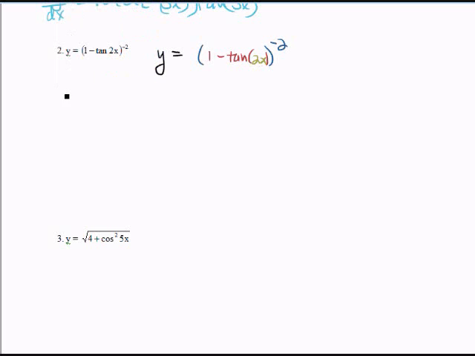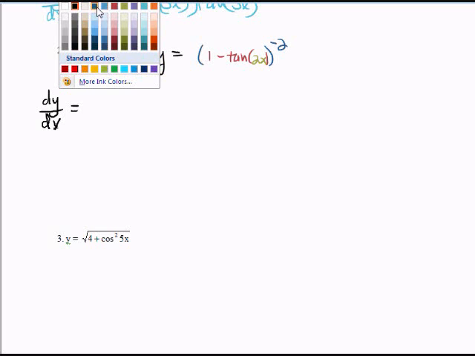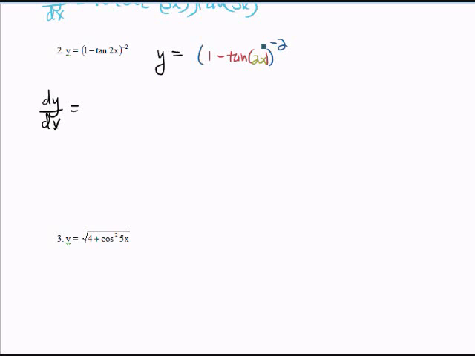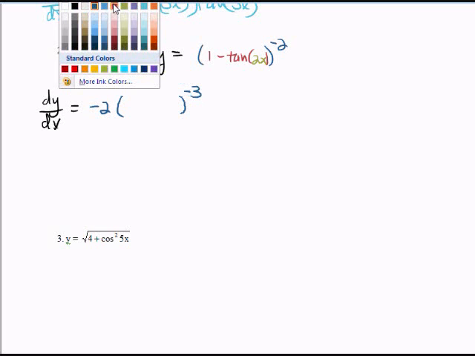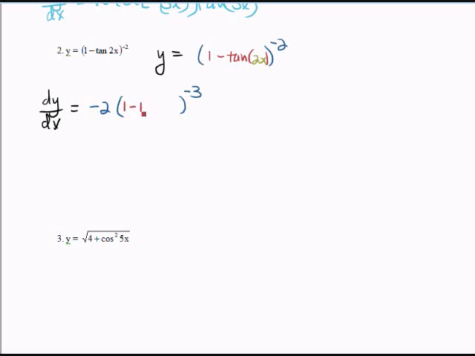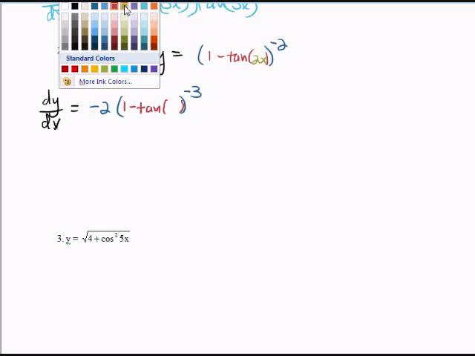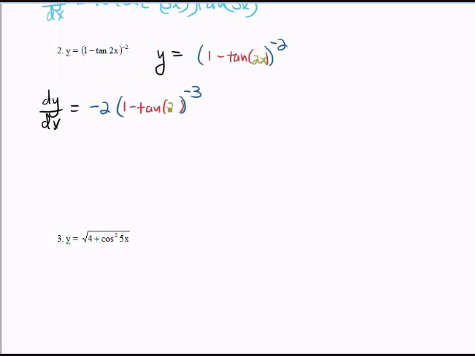So now when we take the derivative, we get dy dx is equal to the derivative of the blue. So this negative 2 comes down. We subtract 1 from the exponent. We rewrite the inside piece as is, 1 minus tan 2x, times, we now take the derivative of the red function.